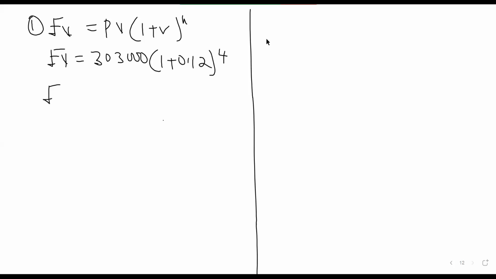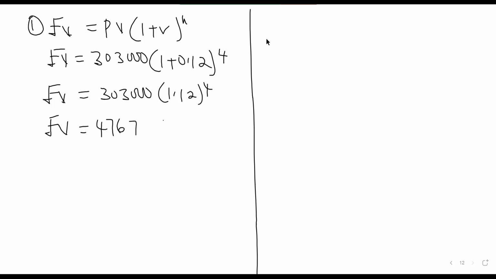How much are we getting? We are getting 476,776.37 as the future value.